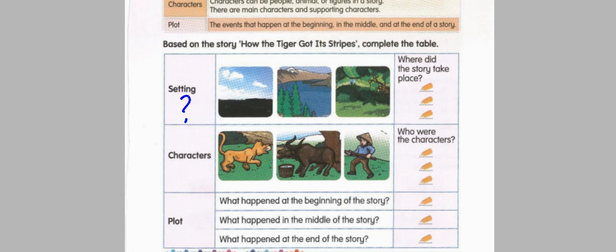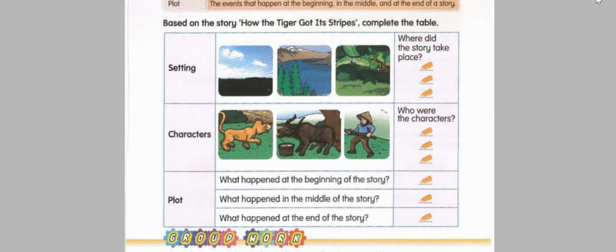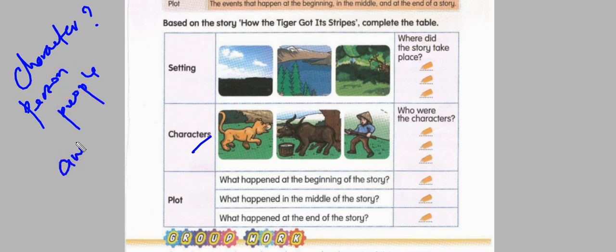Next, the second important thing before you write your story is the characters. Because without interesting characters, nobody is going to read your story. Character is the person, the people, the animals, or maybe the object in the story.